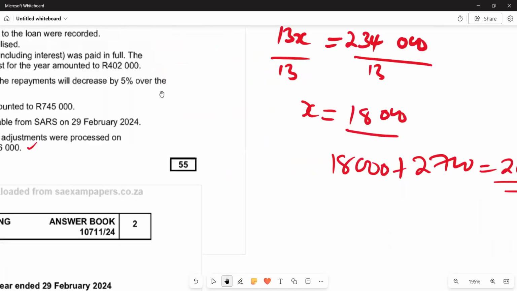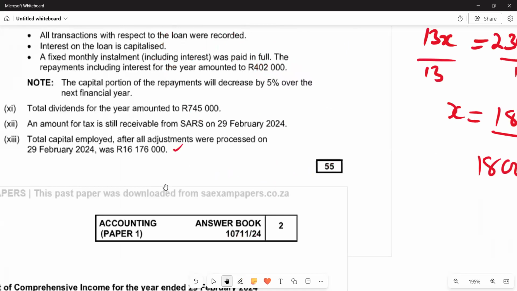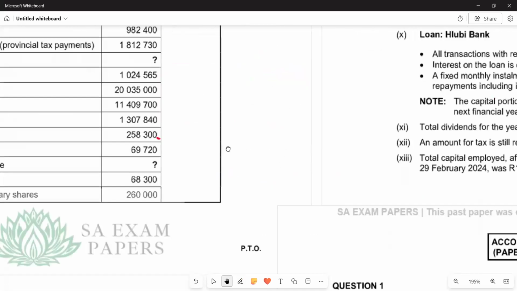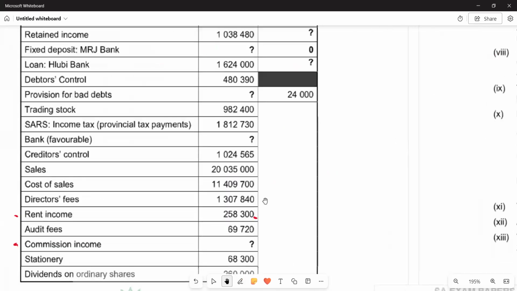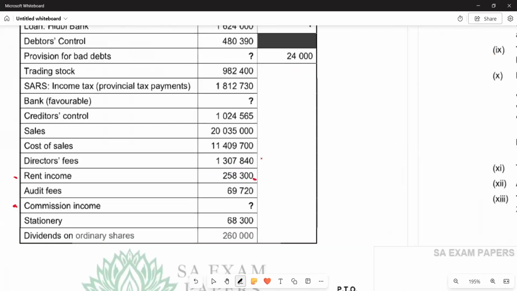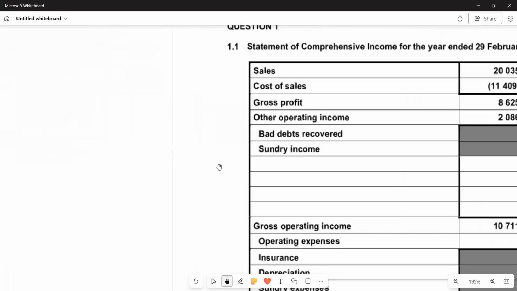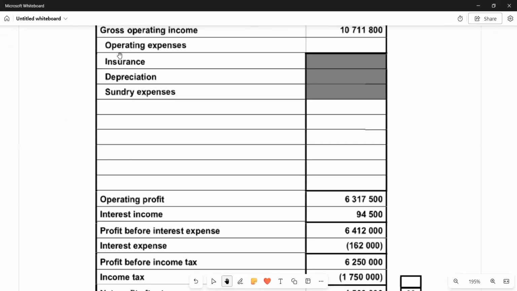So this is the rent that you need to subtract from the total for that period. The rent income that you are given in the trial balance is 258,300, and we are going to subtract the 20,700. So we go to our answer section, and we are saying rent income.